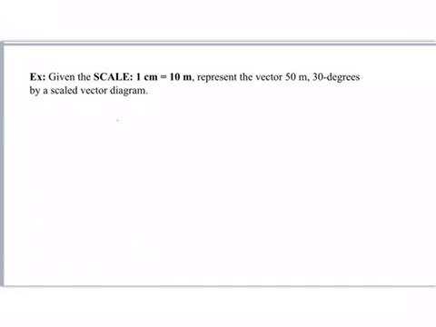Let's say 1 centimeter is equal to 10 meters. This is my scale. And the question asks me to represent a vector of 50 meters. This is equal to how many centimeters? So the length of my vector will be equal to 5 centimeters. The direction is 30 degrees.